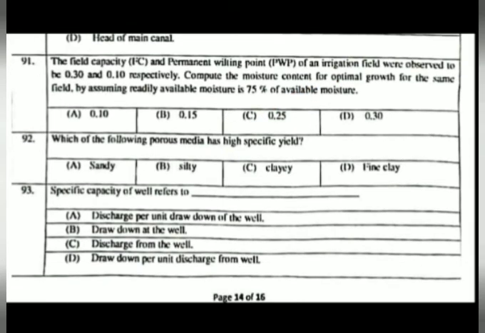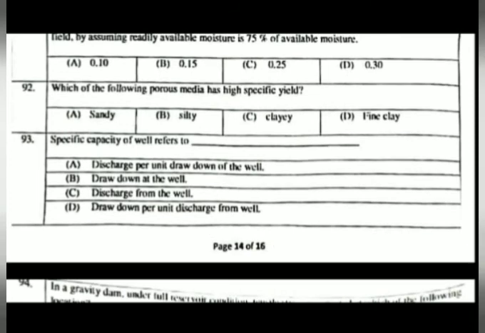And the right answer for this question is option C, 0.25. Which of the following porous media has high specific yield? And the right answer for this question is sandy. Specific capacity of well refers to, and the right answer for this question is discharge per unit drawdown of the well. Option A is the correct answer.